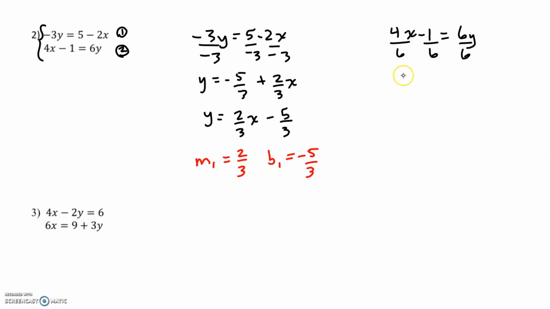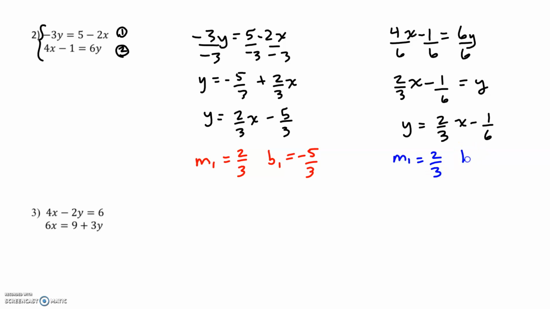So 4 over 6 we'll put in lowest terms is 2/3 x minus 1/6 equals y. And then I'll just rewrite it the way we're used to seeing mx plus b. We'll go ahead and state our m, which is 2/3, and we'll state our b. Oops, this is the second line, so we'll do m2 and b2, which is -1/6.